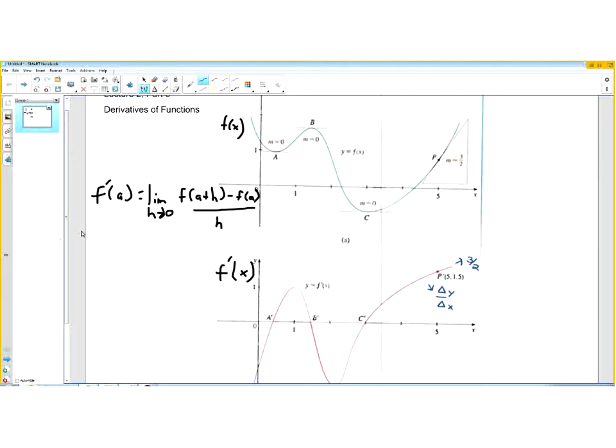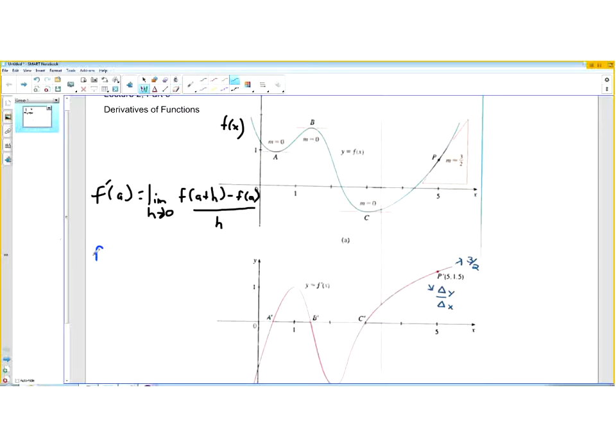Now, we want to find this derivative for all values of x along the x-axis where f of x is shown. Clearly, a is each number along this x-axis, so why not simply replace a with x? Then we'll have a generalized expression for the derivative of a function.